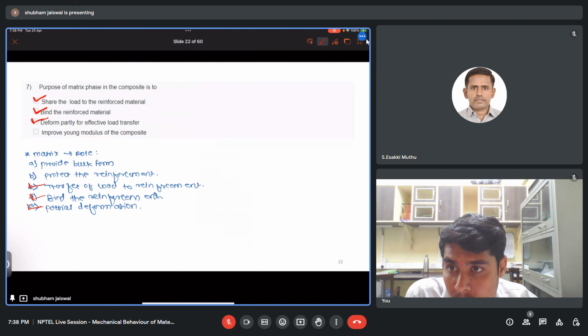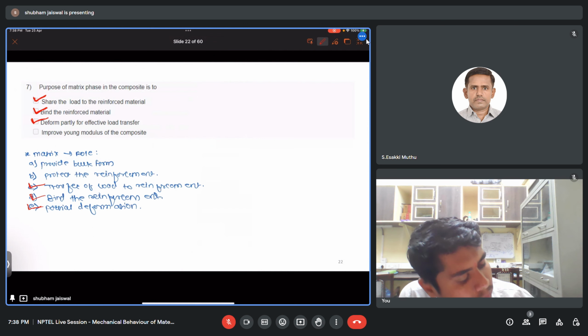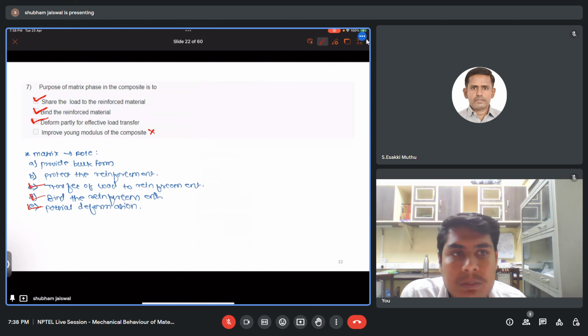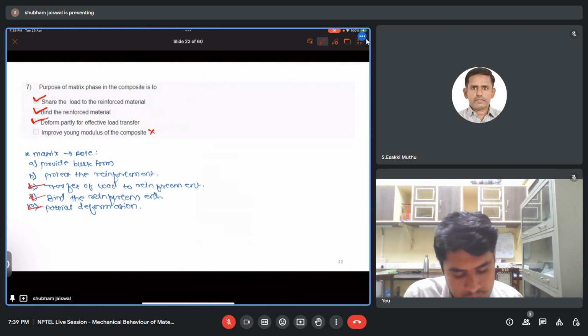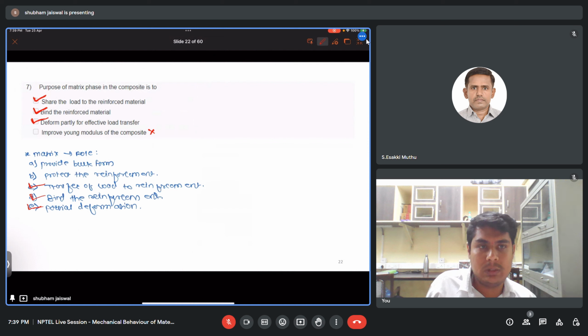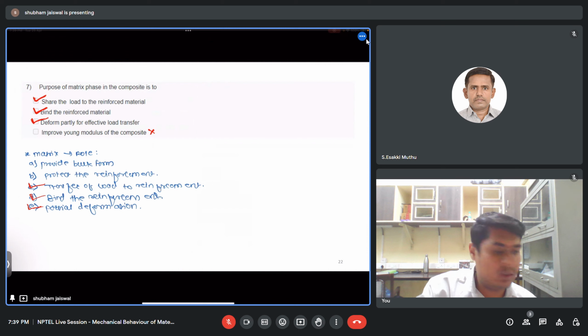The Young's modulus will be improved after the combination of matrix plus reinforcement, so this is not alone the purpose of the matrix. So this is not correct. So only the first three options are correct. Okay. Any doubt in the previous question? So moving towards the next question.